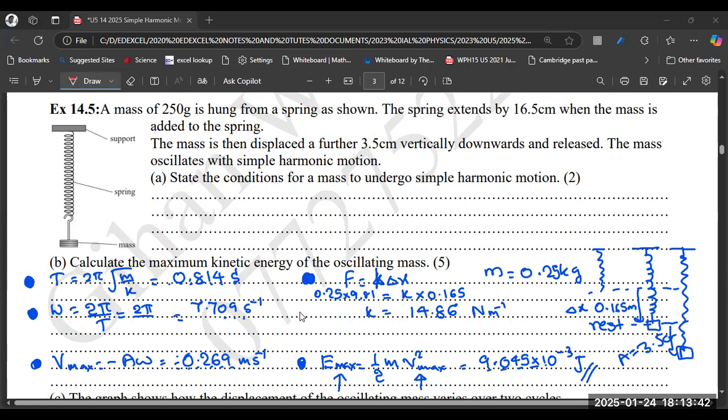So 1 divided by 0.814 is equal to 1.23 hertz.